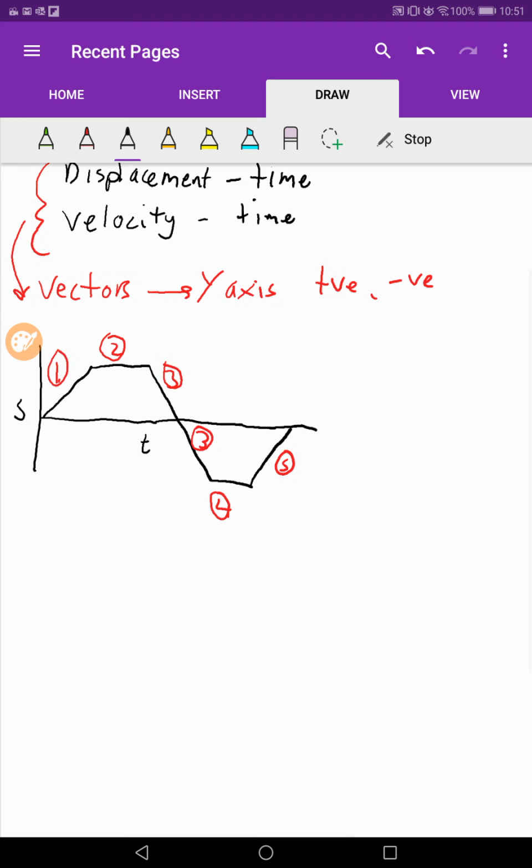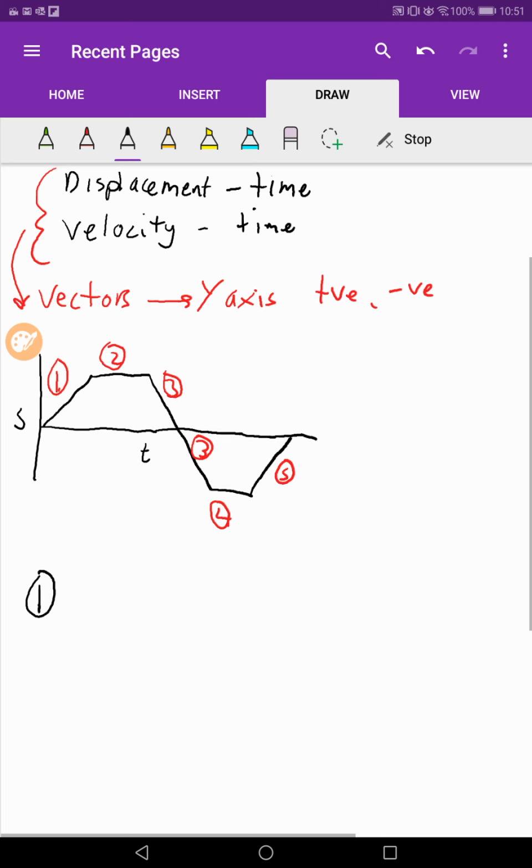Well, this is the way that I do it, I say what's happening. So, we are covering equal displacement in equal time.